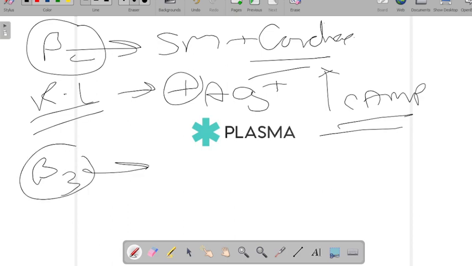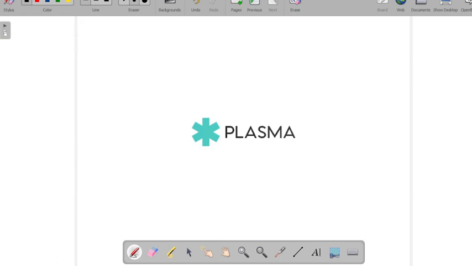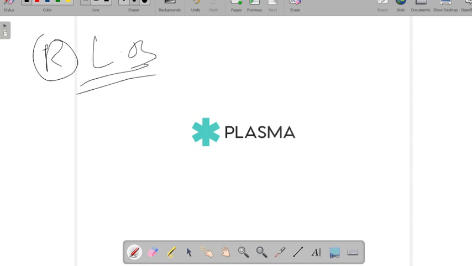Beta 3 receptor, postsynaptic effector cells, present in lipocytes. Its result of ligand binding is that it stimulates adenyl cyclase and increase cAMP, right?